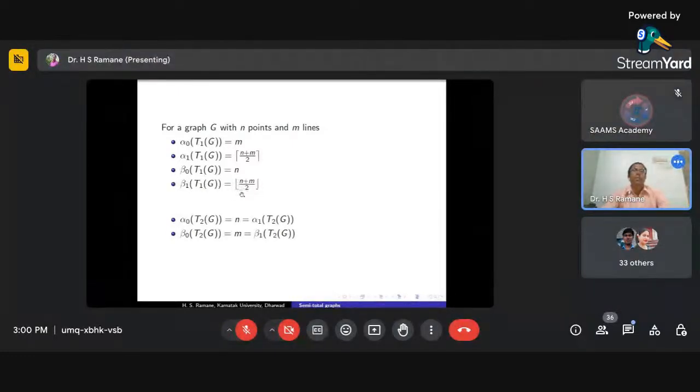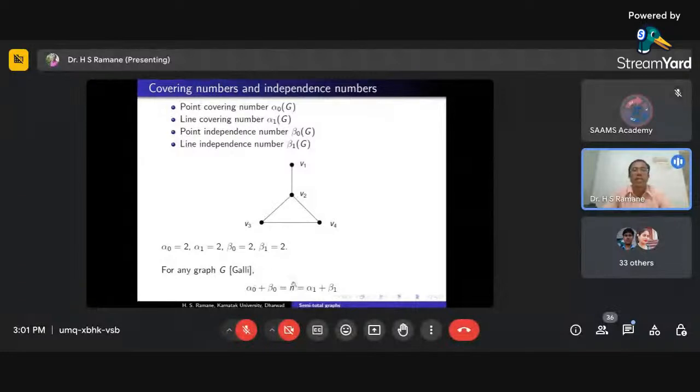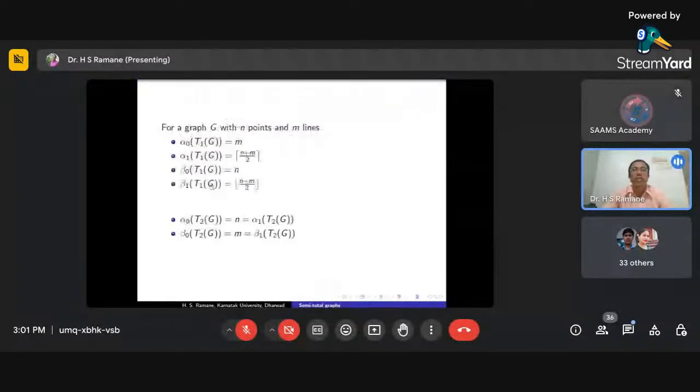And for T2, the semi-total point graph, alpha naught and alpha 1 are n, and beta naught and beta 1 are m. So Gallai's result is satisfied for these semi-total graphs also, because it is a result for any graph, so naturally it should be satisfied here also.